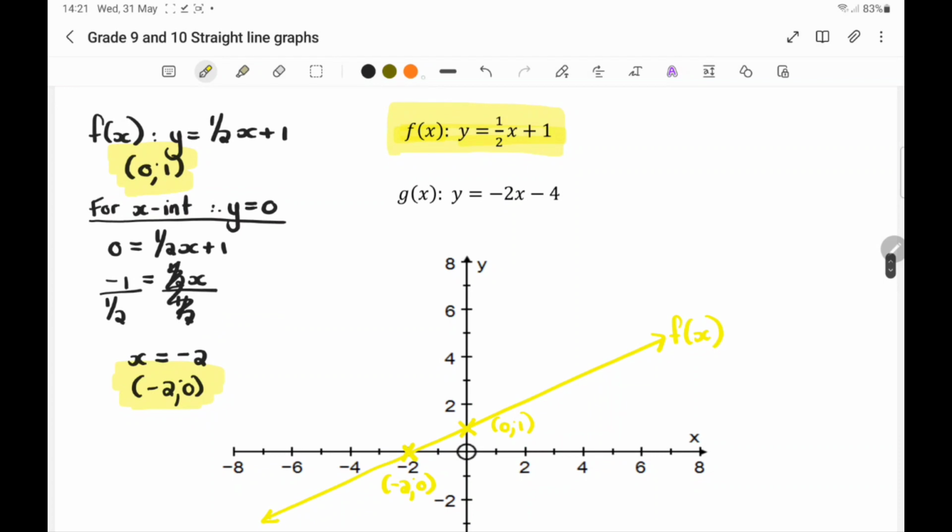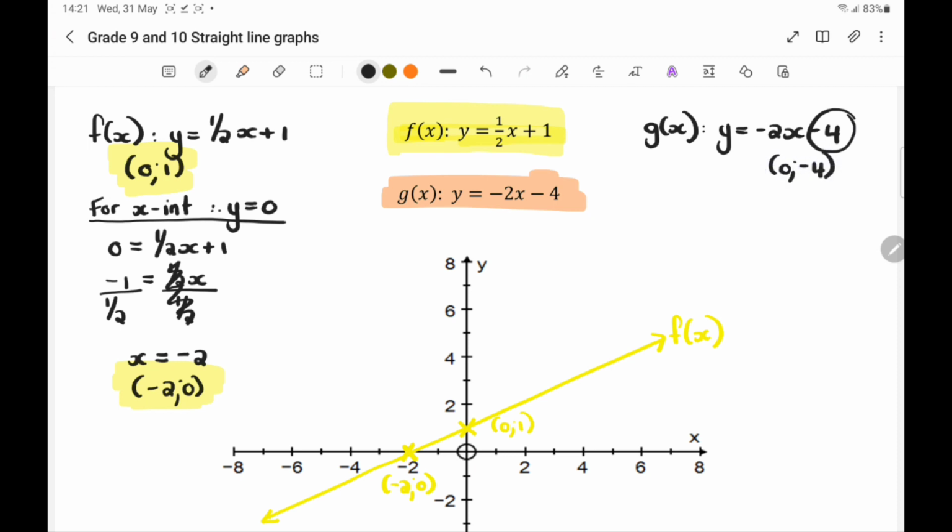Okay, so now let's quickly have a look at g of x. I'm going to do that in orange. Okay, so g of x is y is equal to -2x minus 4. I already have my y-intercept. If x is 0, y is -4.